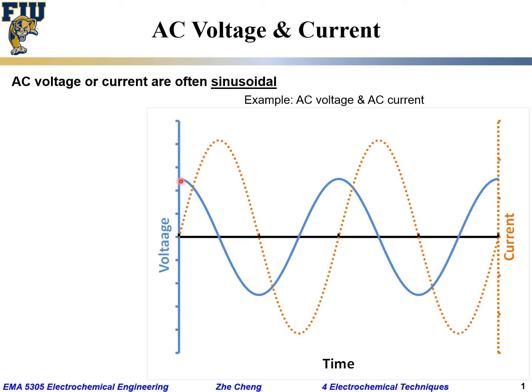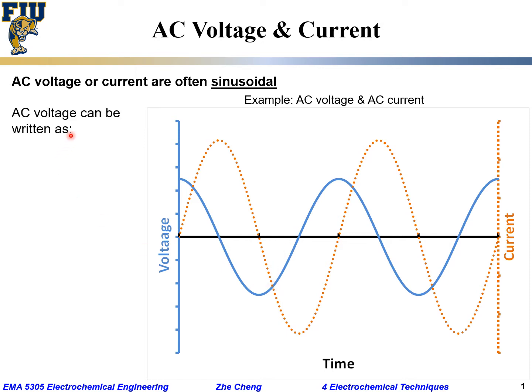Here we plotted, for example, voltage in blue and the current in brown versus time. AC voltage in blue and AC current, for example, in this dotted brown line.